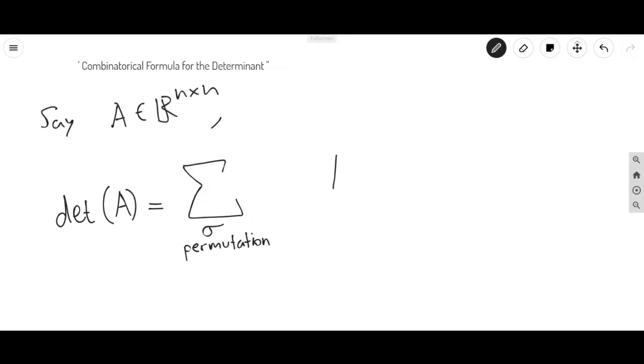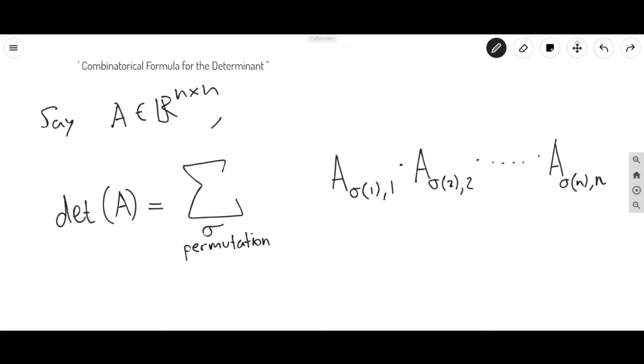And the way you do it is you choose some position in the first column. You multiply it by some position in the second column. And you multiply it through by the nth position you choose in the last column. But then you have a plus or minus sign.